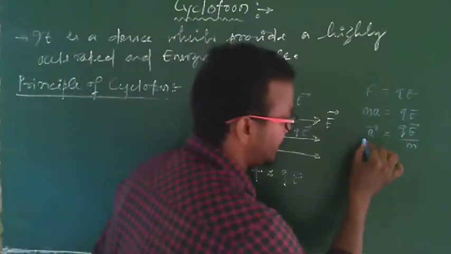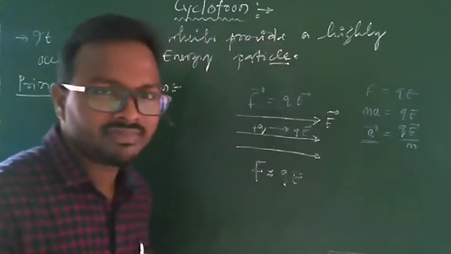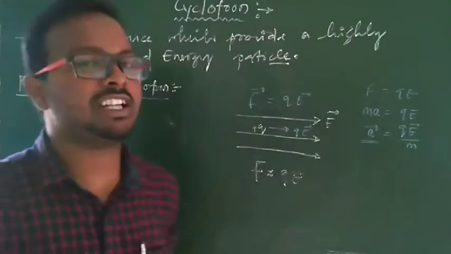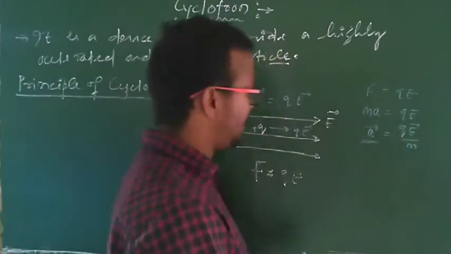And if a charged particle possesses acceleration, what is acceleration? It changes its velocity after an interval of time. That means its velocity changes gradually.